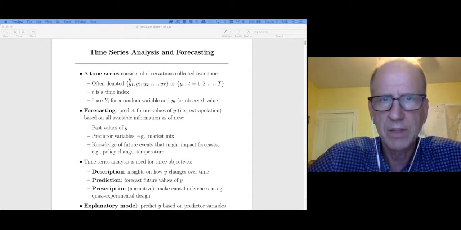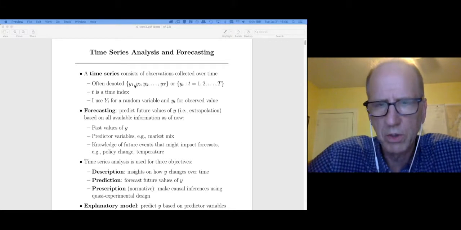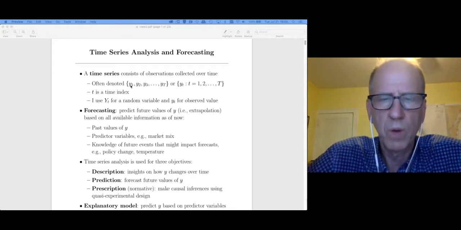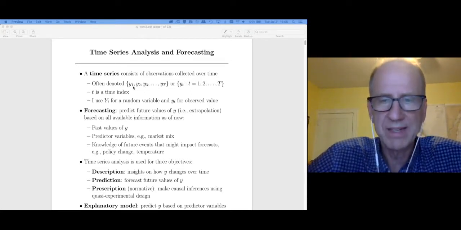I'm going to be denoting these measures over time by little y sub t. So little y sub 1 is going to be the measurement at time 1.